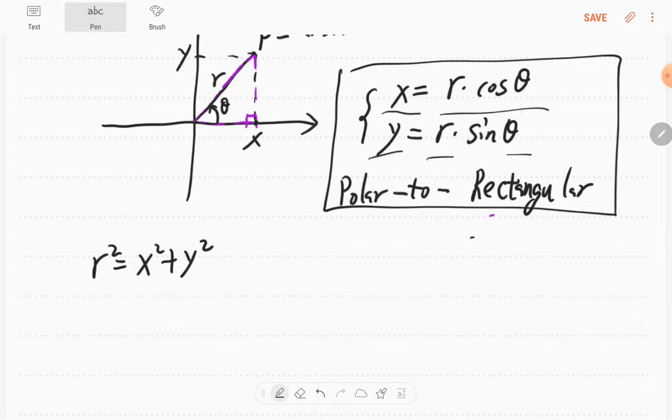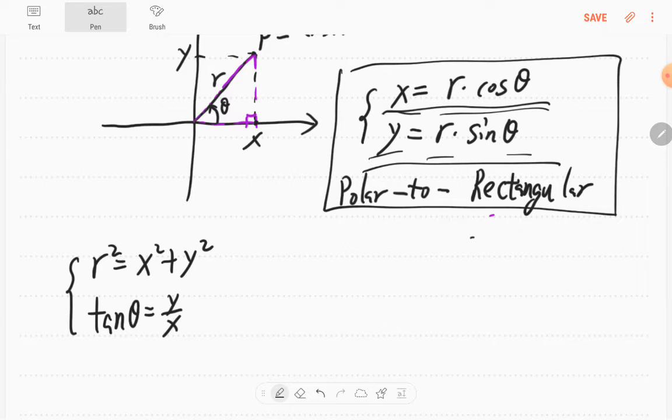And if we take the division of these two equations, we notice that tangent theta is equal to y over x. So if we know x, y coordinates, we can use this one to find r, and we can use this one to find tangent theta.